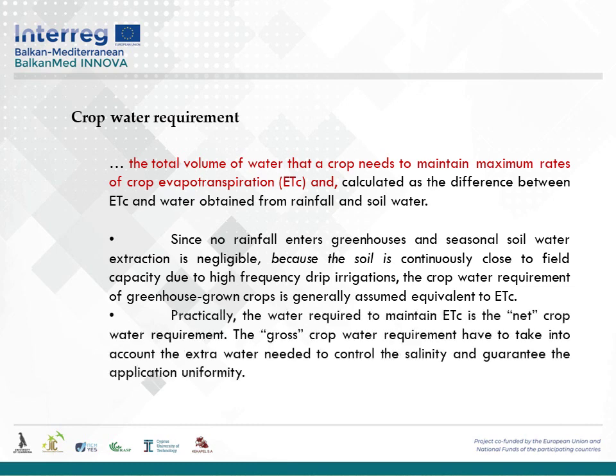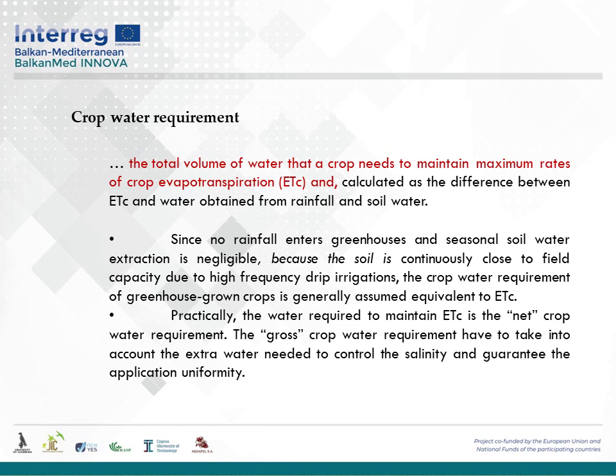Indeed, practically, the water required to maintain the ETC of a specific crop is the net crop water requirement. We have to consider also that we should apply some extra amounts of water to keep control on the rise of salinity in the soil, especially in cases when we have not good quality water, when we use water with relatively high electrical conductivity.